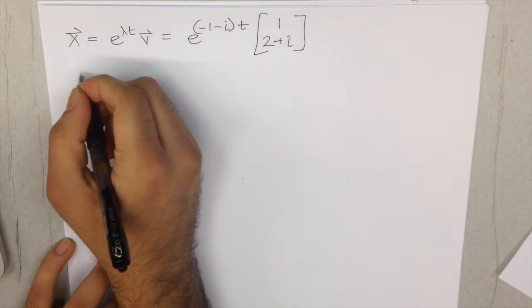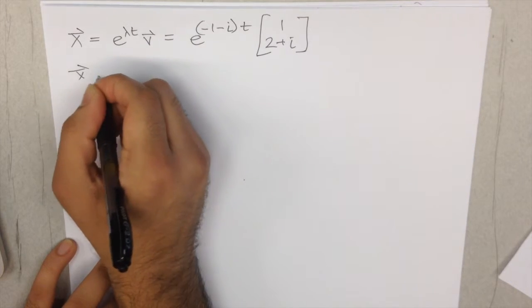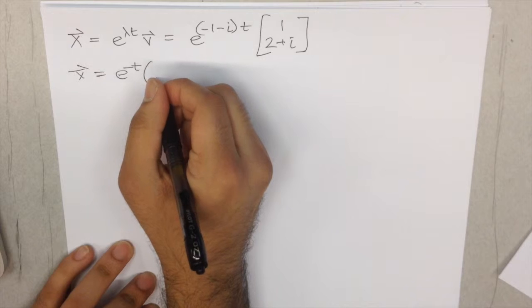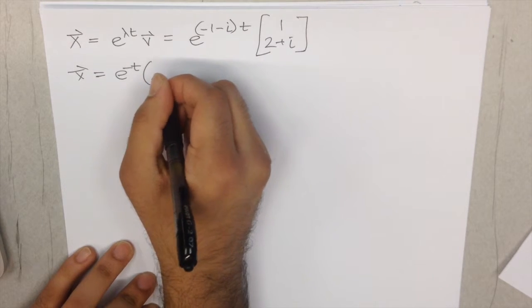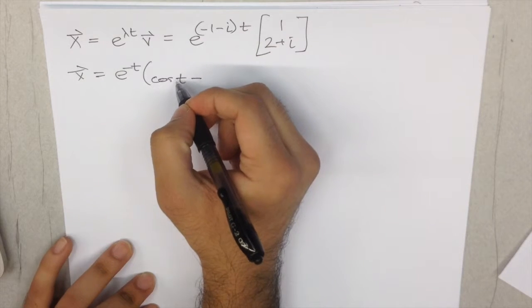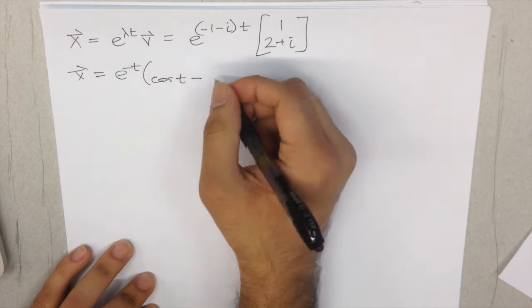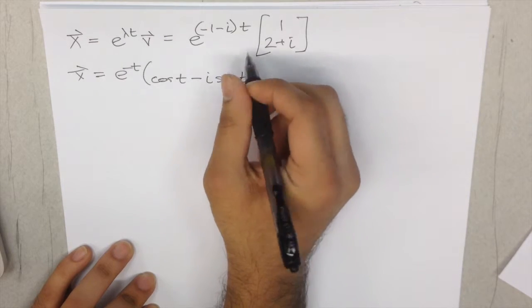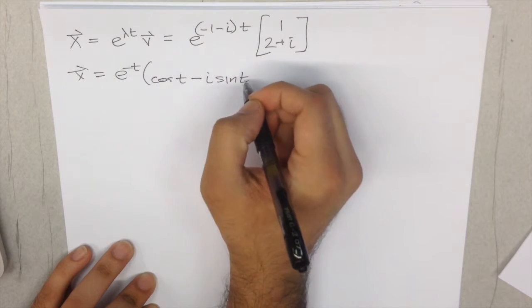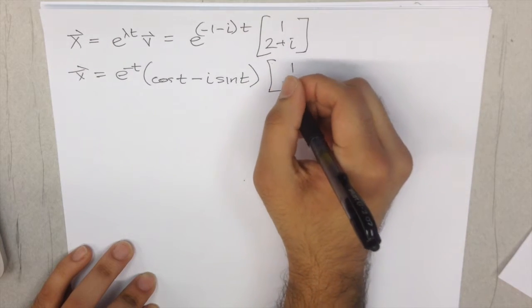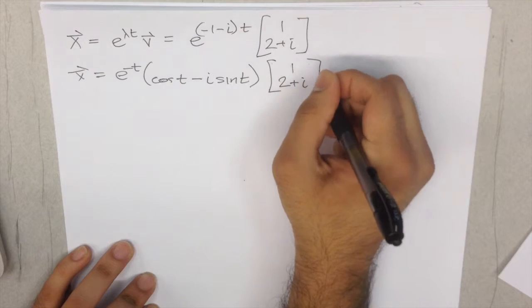When we use Euler's formula, we get e to the negative t times (cosine of t minus i sine of t), because cosine of negative t is cosine of t, and sine of negative t will be negative sine of t, times (1, 2 + i).